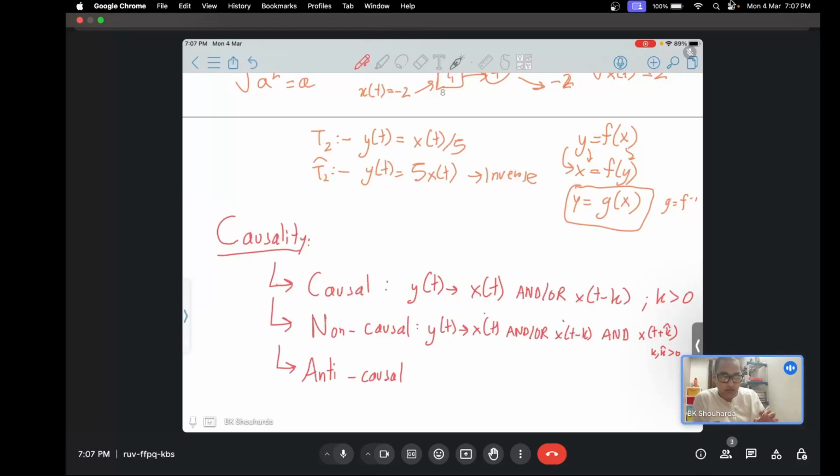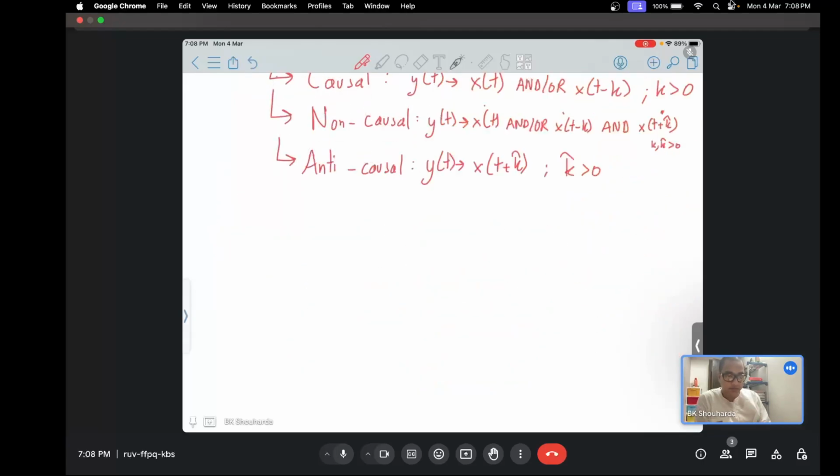There has to be a past term or at least a present term, and there's a future term also. Okay, past and future, both of them have to be there, then it's non-causal. And when y(t) depends only on x of t plus k hat, when it only depends on future, then we say that the system is anti-causal.